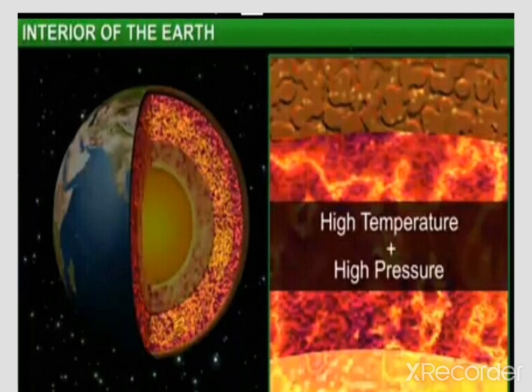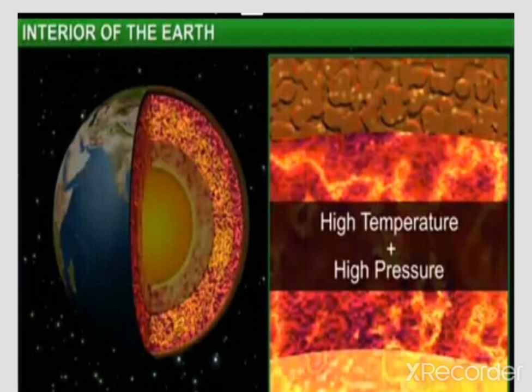Yes, 2200 degrees Celsius to 2500 degrees Celsius. That much temperature is located in this layer. Very good. Then tell me what is the density of the upper mantle layer? Yes, 4.5 gram per centimeter. And how much density in the lower mantle layer? Yes, 5.7 gram per centimeter.